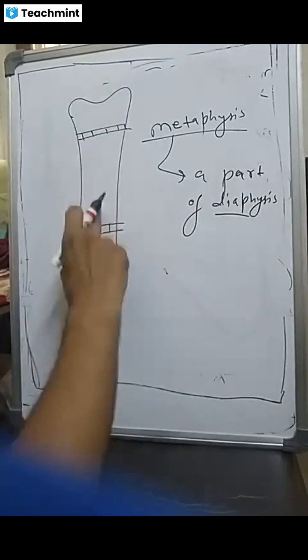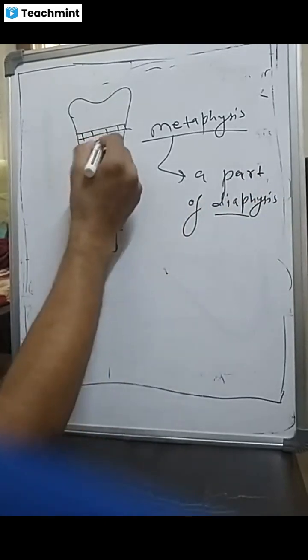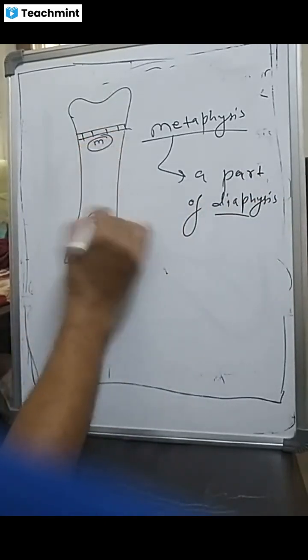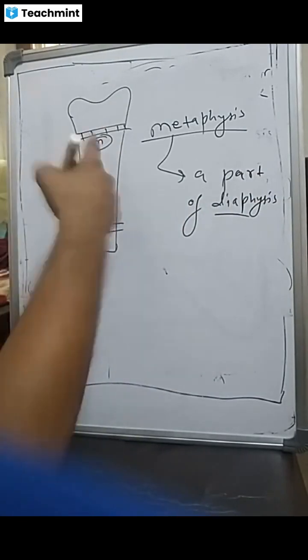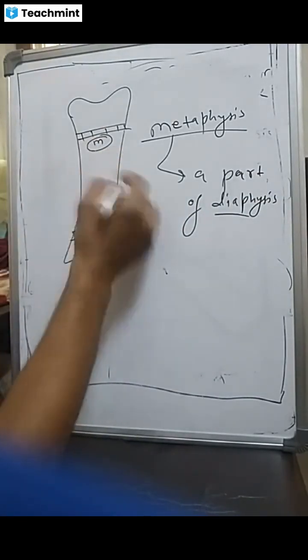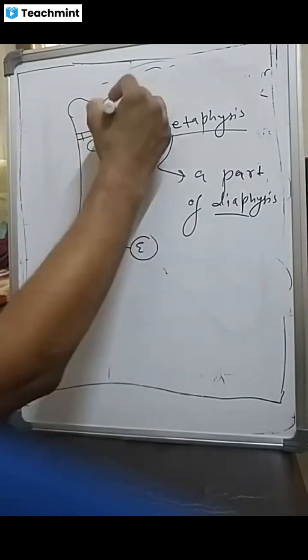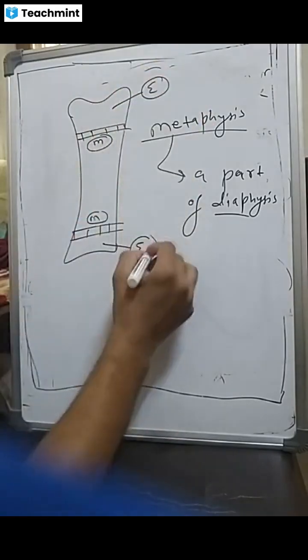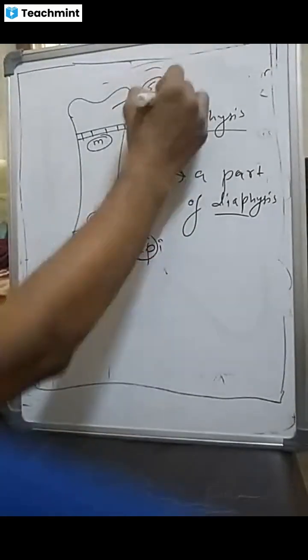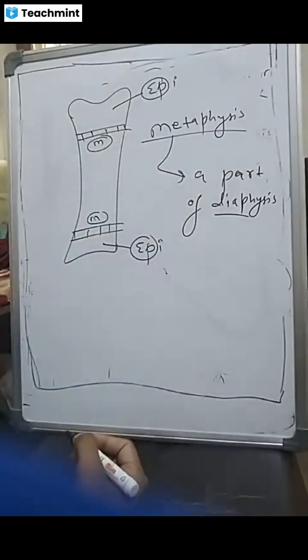If this is the diaphysis, then these are the metaphysis. So the metaphysis is a part of the diaphysis itself. And these two ends are known as epiphysis.